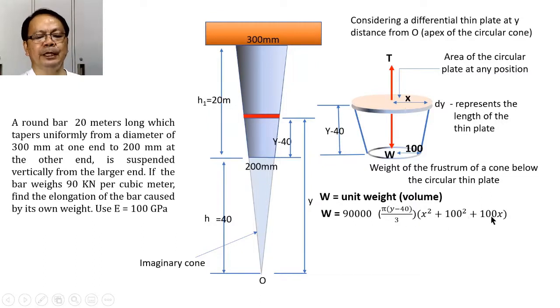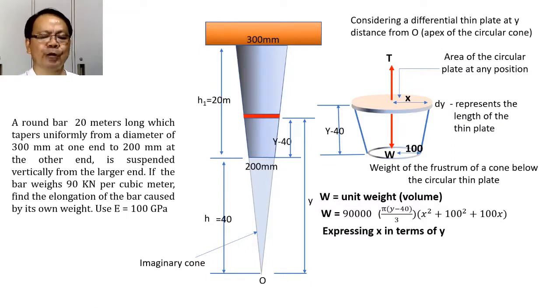Itong volume na ito na pinakikita natin dito, ito yung volume using the formula: the height over 3, where the height is y minus 40, divided by 3, multiplied by pi, times x squared, representing the radius of the upper base, plus 100 squared, representing the radius of the lower base, plus the product of the two radii, that's 100 multiplied by x. And this becomes now the total weight. This weight will now be causing a deformation on that differential y or dy.